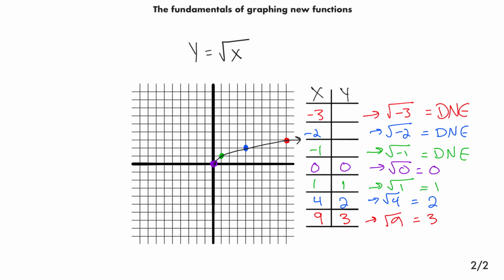It's how far it exists to the left and how far it exists to the right. This is as far to the left as this graph exists. But it keeps going to the right forever. So the domain would be 0 to infinity. The range, this is the lowest it gets. And it keeps going up forever and ever. So the range would be from 0 to infinity.